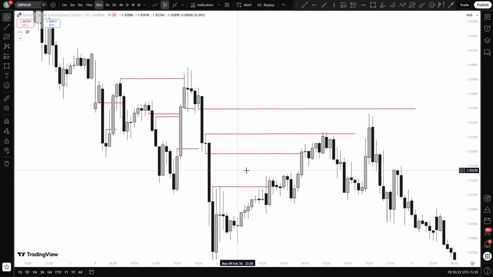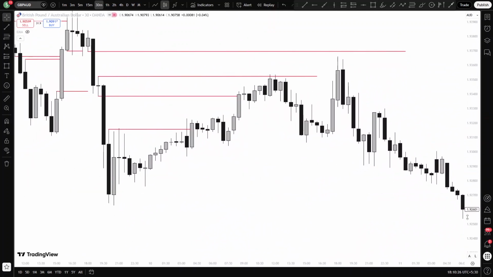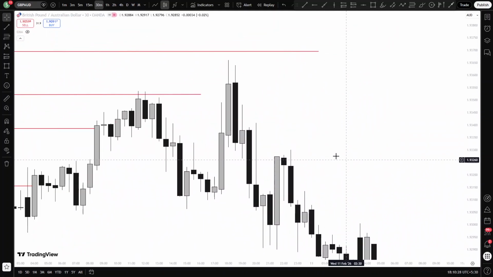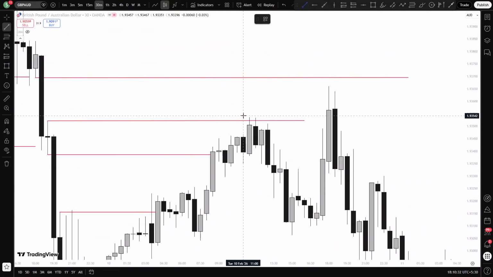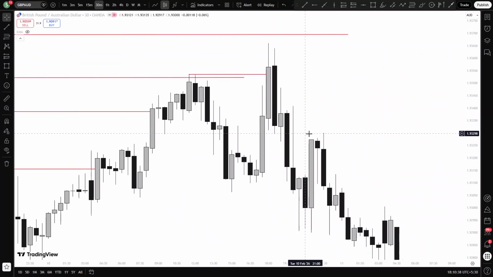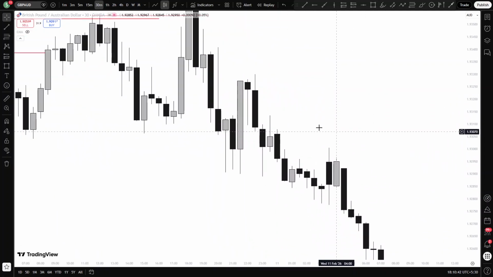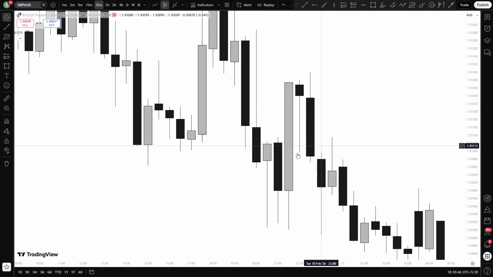This week and this week they did not meet, giving us this fair value gap. Okay, so we have another liquidity sweep here where the market gave us this sweep. Okay, after giving us this sweep, we need to wait for the market to give us a fair value gap, okay, so that we can think of entering the market in a proper way.